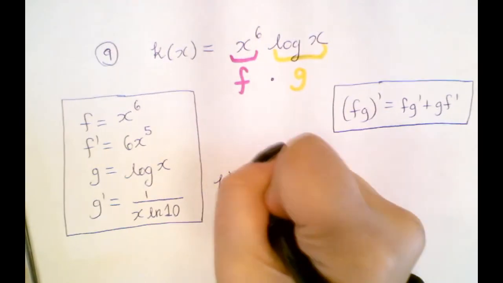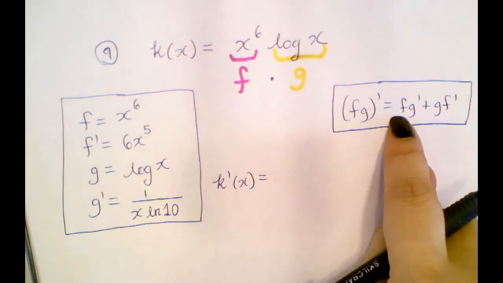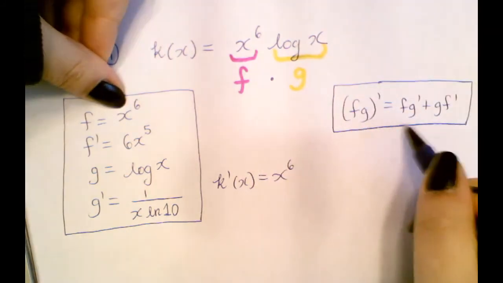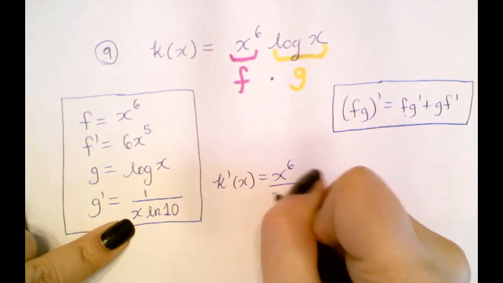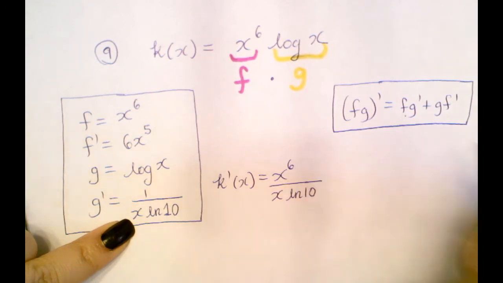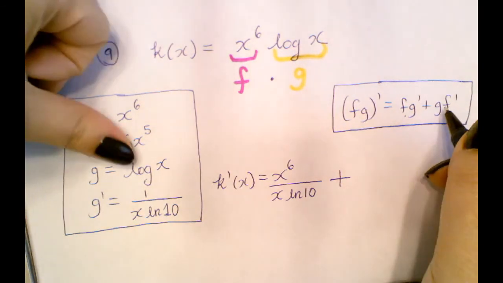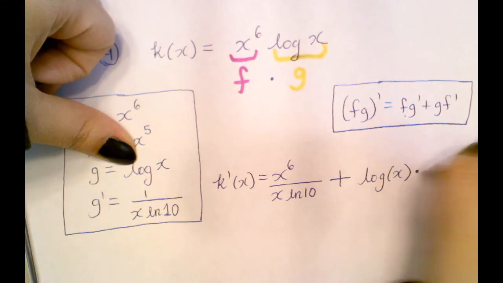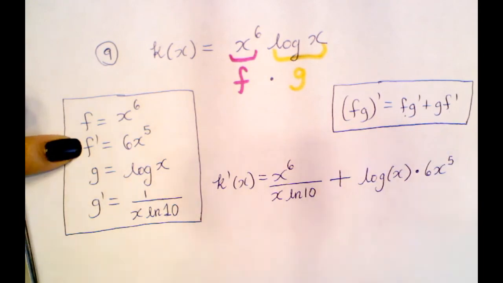k prime of x. Okay, I need f times g prime. f, x to the 6th, times g prime. g prime is the fraction, so I'll just write it as 1 over x times ln 10, plus g times f prime. g is log base x, and I'm going to multiply this by f prime, which is 6x to the 5th power.